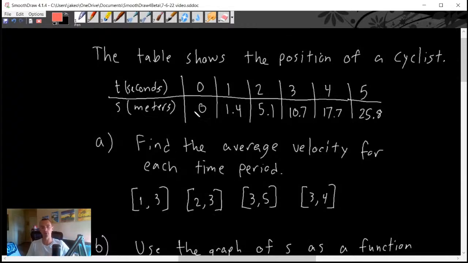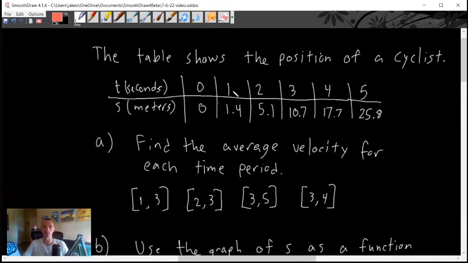In this case, we're given a table which tells us how far the cyclist has gone at specific points in time. So you can see we have at 0 seconds, at 1 second, at 2, 3, 4, 5 seconds, exactly how many meters they had ridden up to that point. So, right at the start, 0 seconds measured, they've ridden 0 meters. So that's essentially like our starting point.